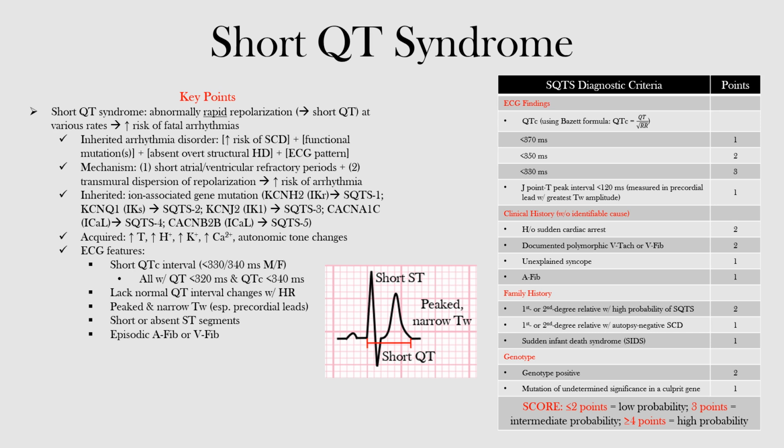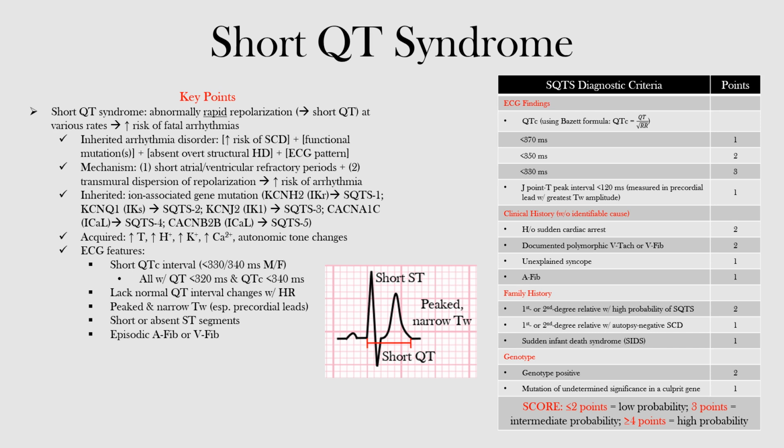One being extremely short atrial and ventricular refractory periods, which manifest as a short QT interval, as well as the second one, which is transmural dispersion of repolarization, which means that different layers of the myocardium, including the endocardium, the mid-myocardial M cells, and the epicardium, are repolarizing at different rates. And it's believed that these repolarization abnormalities carry an increased susceptibility to reentrant atrial and ventricular arrhythmias.